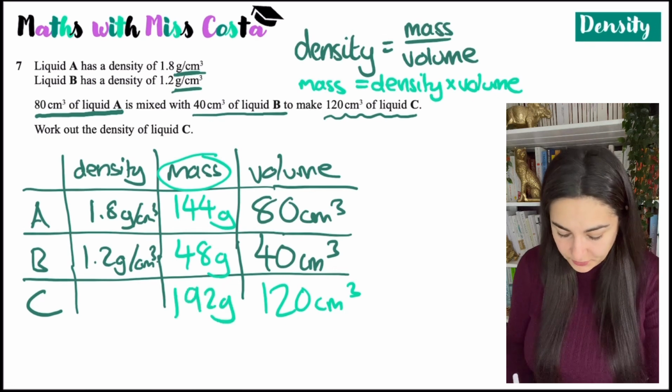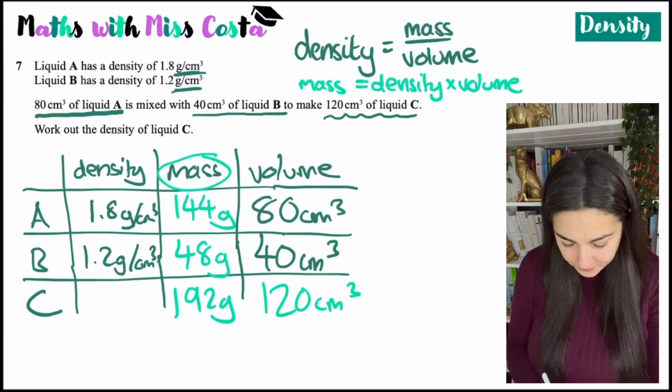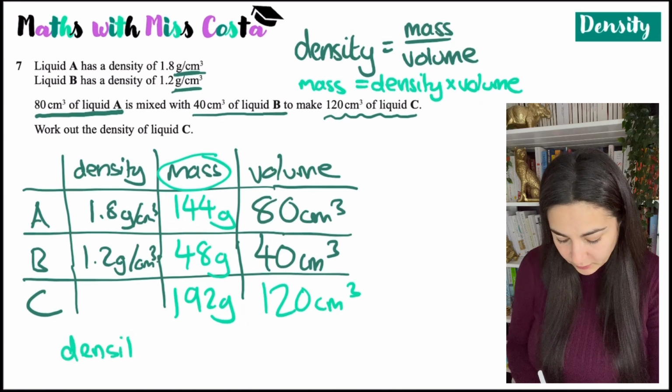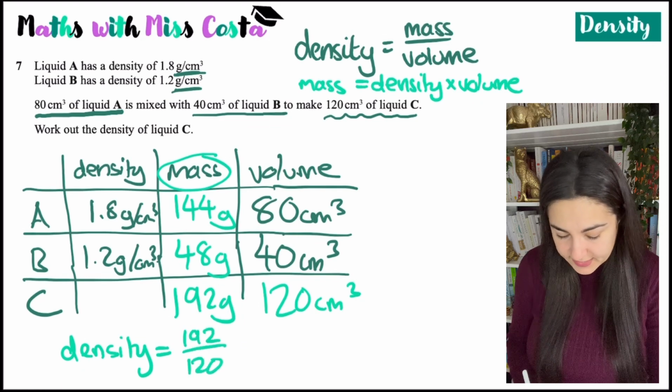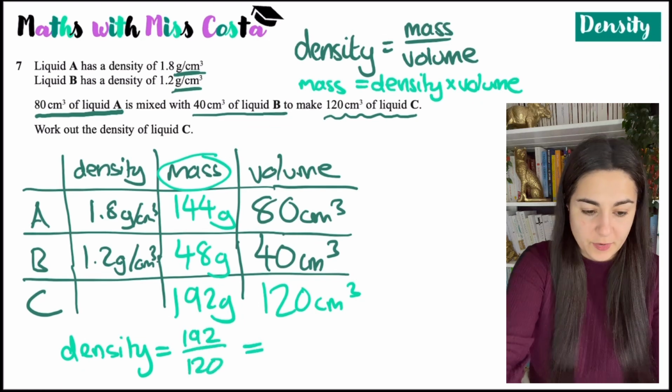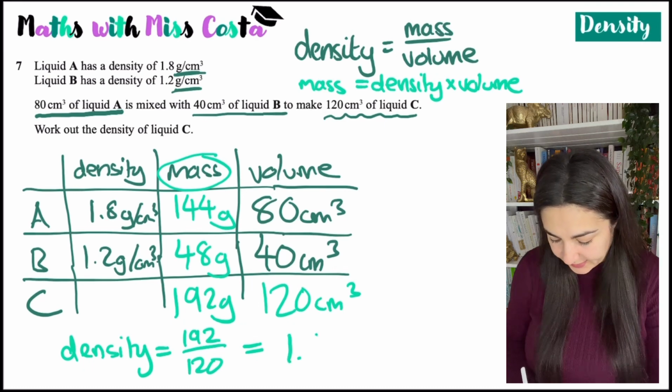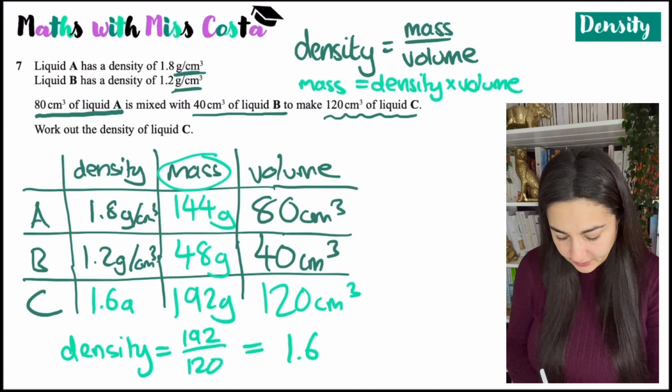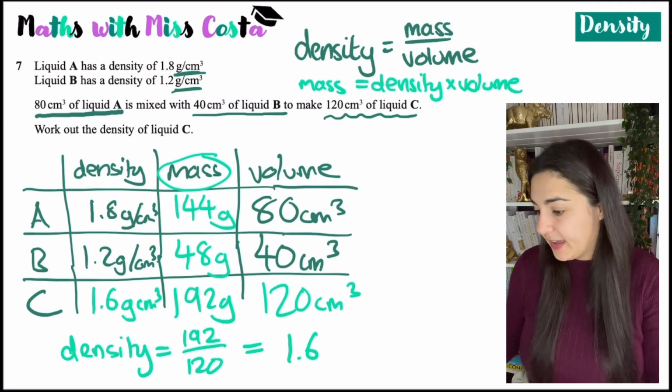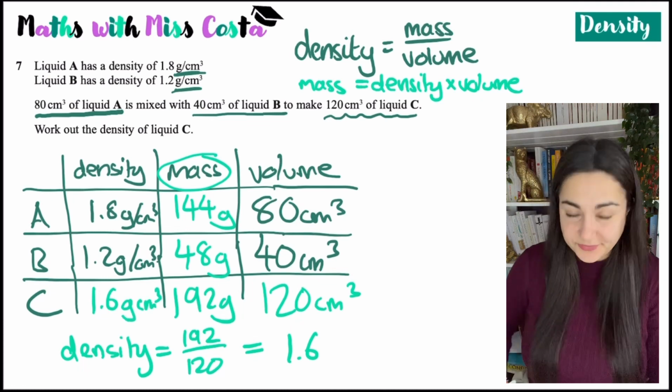So now I just need to work out the density. So density, remember, is mass over volume. So the mass is 192 over 120. 192 over 120 is 1.6. So that'd be 1.6 grams per centimetre cubed. And that's your final answer.